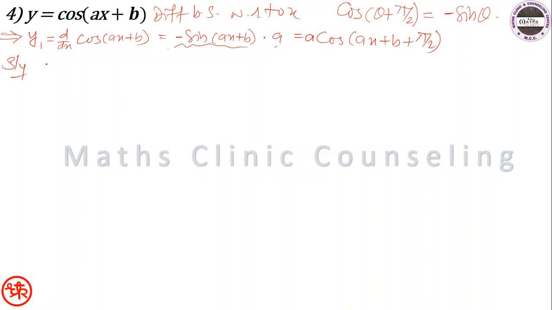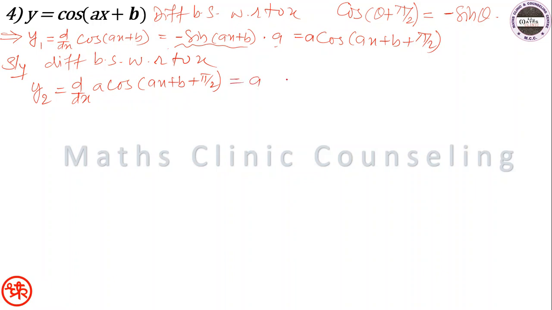Similarly, differentiating both sides with respect to x. Is that clear? So the derivative of y1 will be y2, and here it would be d/dx of a cos of ax plus b plus pi by 2. Is that clear? So a is a constant, the derivative of cos of ax plus b plus pi by 2 will be minus sin of ax plus b plus pi by 2 into a.